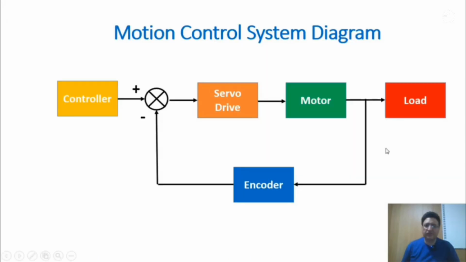Well, this image shows us the diagram of a motion control system. As we mentioned before, a servo system uses a drive, a motor, and an encoder. The encoder provides feedback and can send feedback to our drive, letting the drive know the position of the motor. In servo systems, we use a controller, and this controller can control our drive.